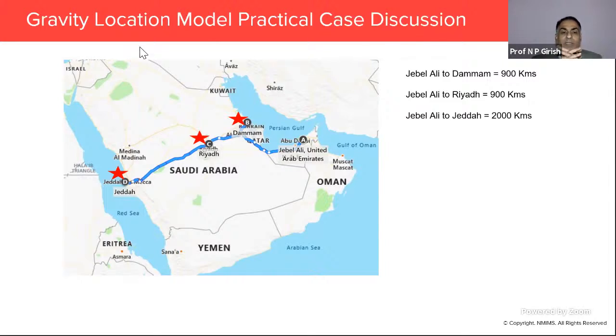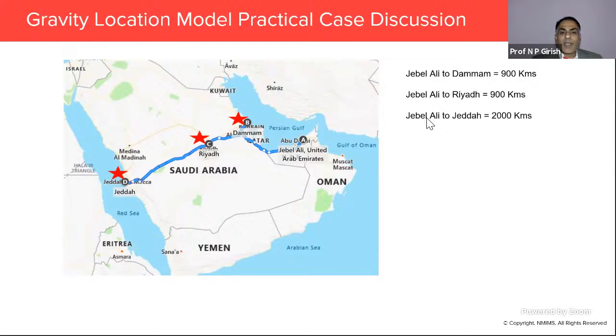Does it tell you the demand center? Yeah. Central location looks to be Riyadh, correct?